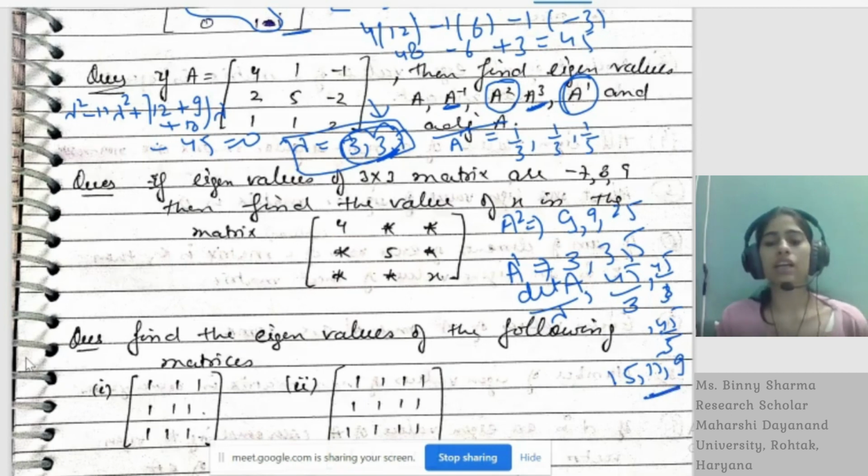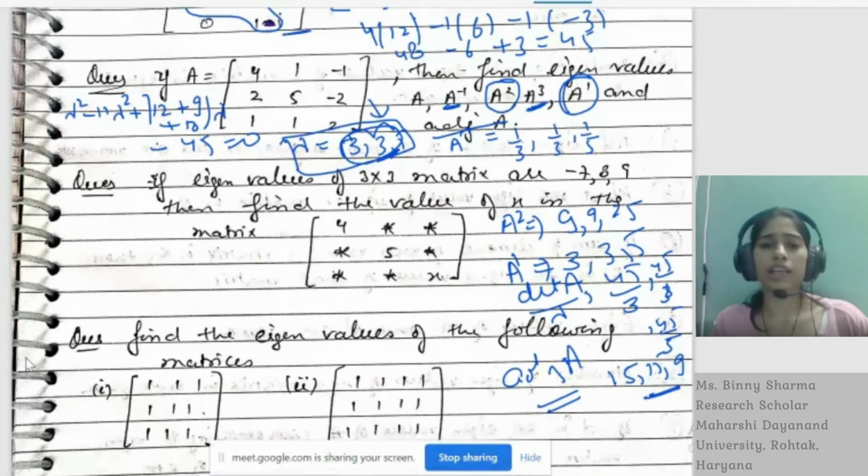So these are the eigenvalues of adjoint A. Just by finding the eigenvalues of A, we can find the eigenvalues of A inverse, A square, A cube, A transpose, and adjoint A.